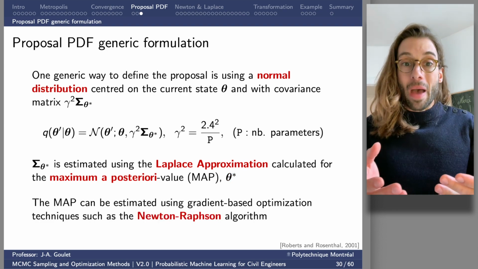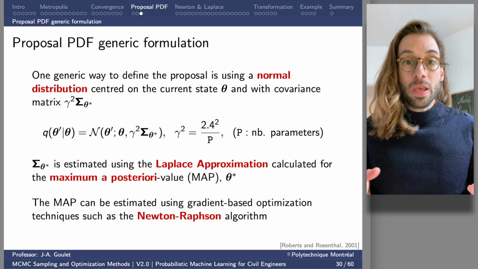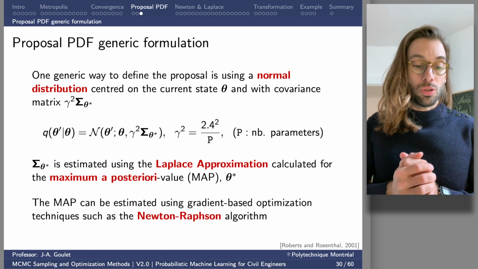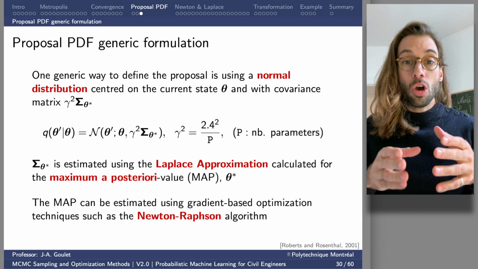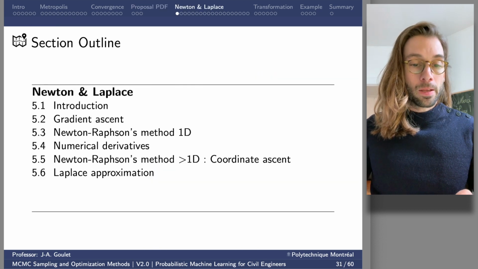Okay, and such a maximum of my unnormalized posterior can be obtained using what is known as a gradient-based optimization algorithm. You can have gradient descent, you can have Newton-Raphson, there are many of them. We're going to cover the basic one here in the next module.